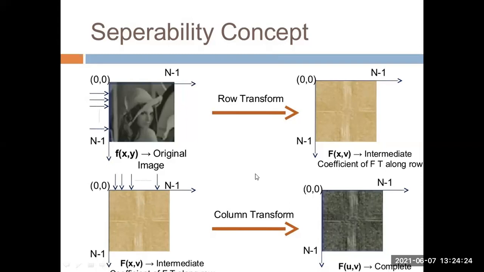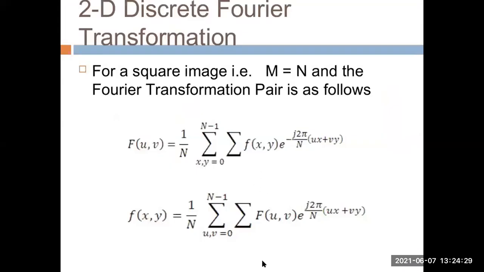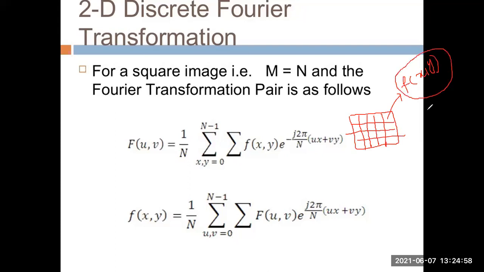As we know, our image is represented in a two-dimensional discrete format, with the function given by f of x y for any pixel. This function f of x y is nothing but a two-dimensional discrete signal.